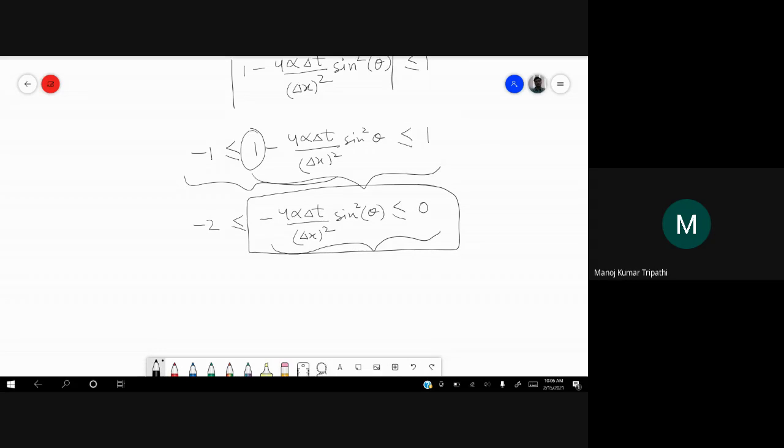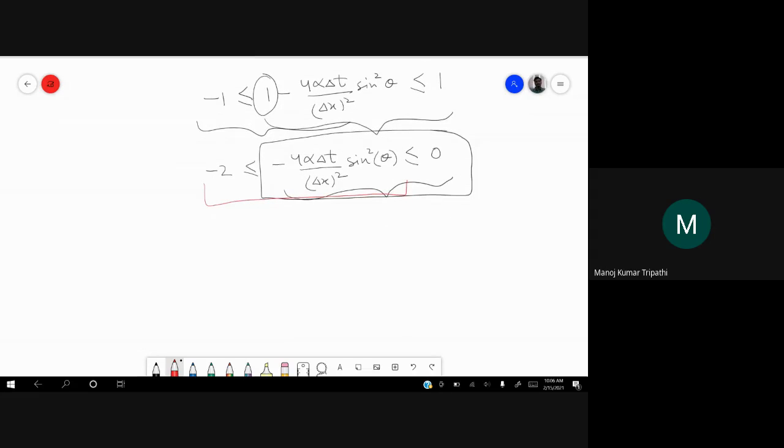Now let us focus on this part, the first inequality here. Let us multiply by negative sign or just take them on the opposite sides. Take the right hand side to the left hand side.